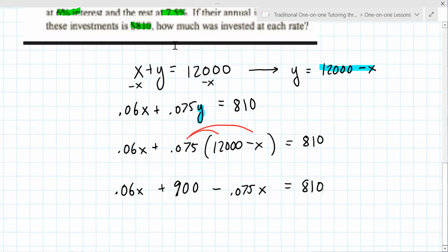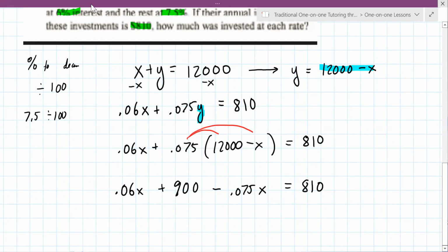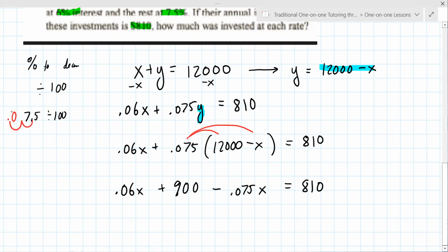Well, it is. 7.5 is a decimal, but to go from a percent to a decimal, you always divide by 100. So it's 7.5 divided by 100. And maybe it's just a good refresher, that means you move the decimal left 2 places. It's a good question, good comment, because you're right, it is a decimal. It's just not the right one. Okay, thank you.